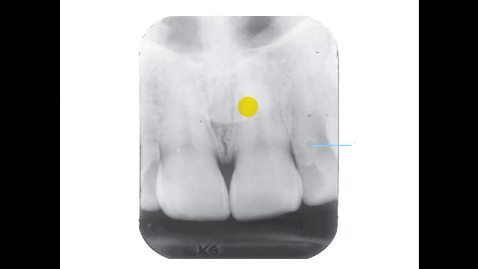The second is the dens invaginatus, which is an invagination of the enamel within the body of the lateral incisor.